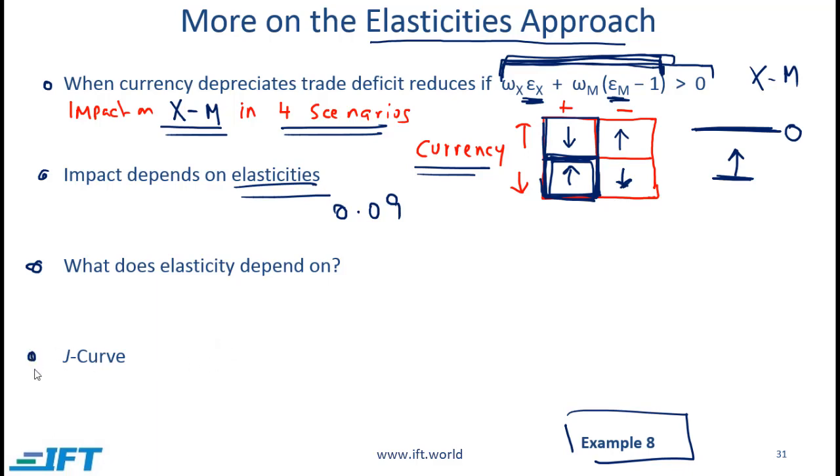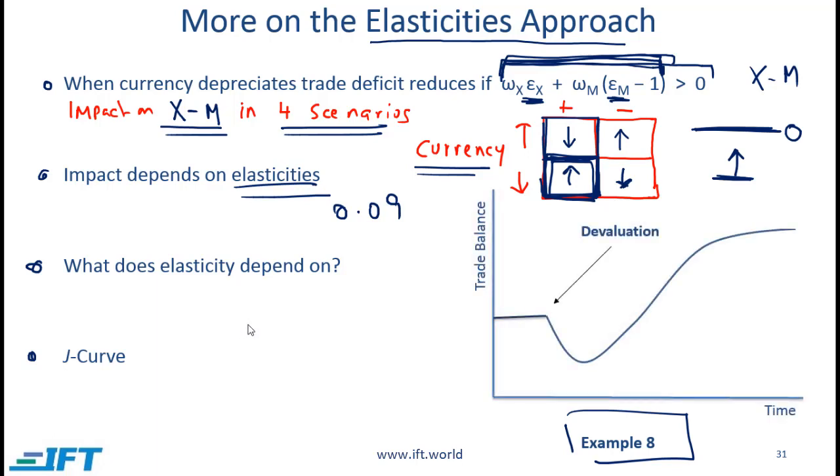The final point is that we might have a J-curve effect when there is a change in value of the currency. What that means is the following. We have a certain trade balance and let's say that the currency devalues. We might think that the trade balance will improve, x minus m will go up if the Marshall-Lerner condition holds, but in the short run it is likely that the trade balance will actually decrease.